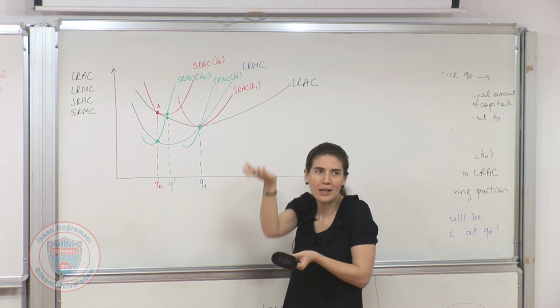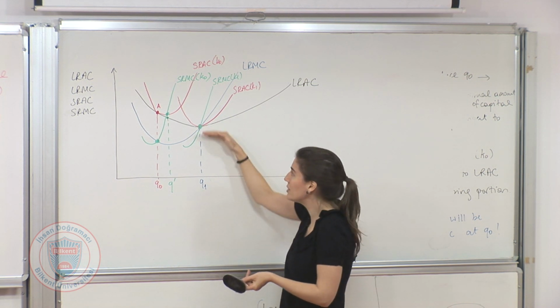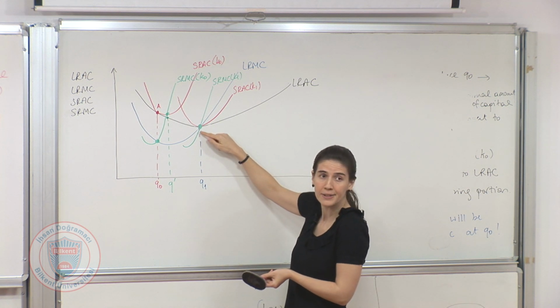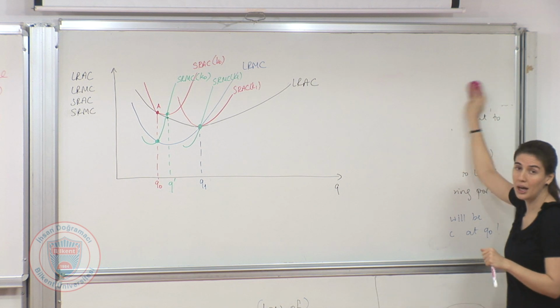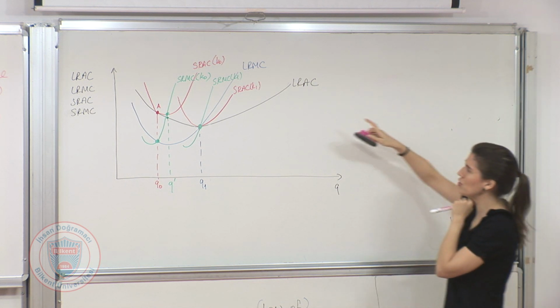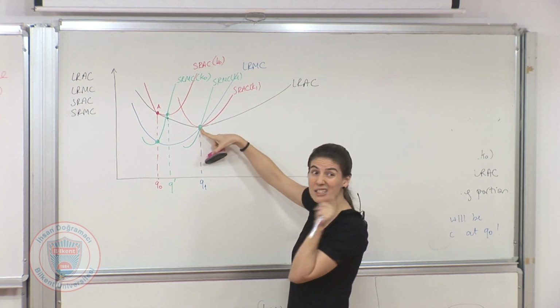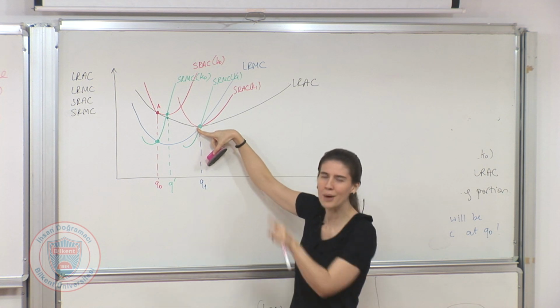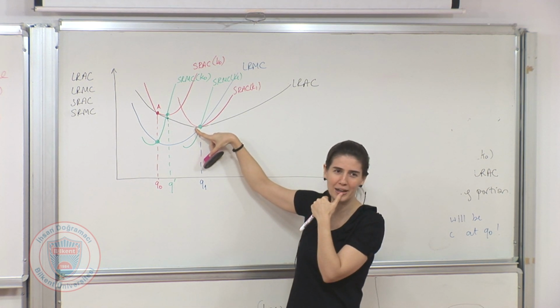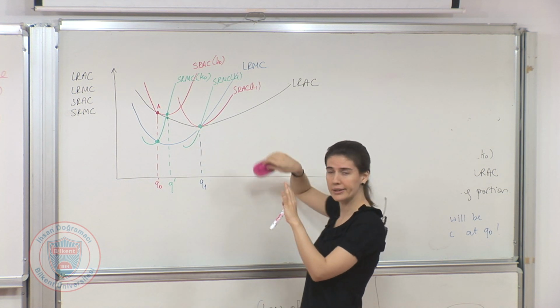But how can it be above? It has to touch at its minimum because it cannot go below this. So the short-run average cost curve touches the long-run average cost curve at its minimum, and because it's the minimum, the short-run marginal cost should pass through there. That's why all four curves intersect, okay?